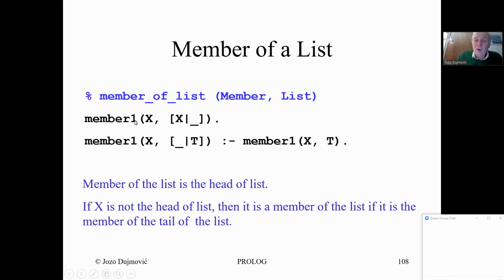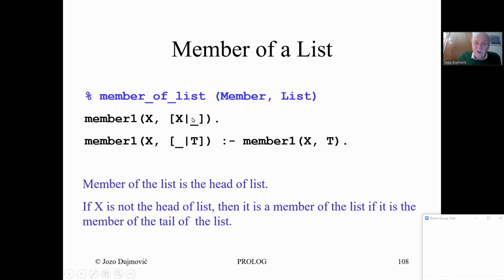Now, this is called member1 because member is a library function, and I don't want to have the same name, because that would be redefining a library function. You don't do such things. So member1 is the name of it.